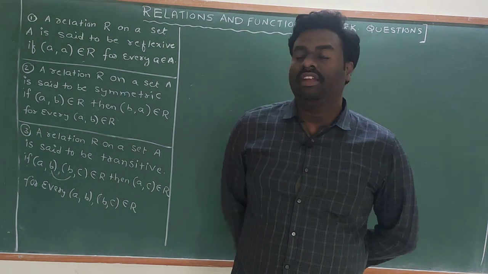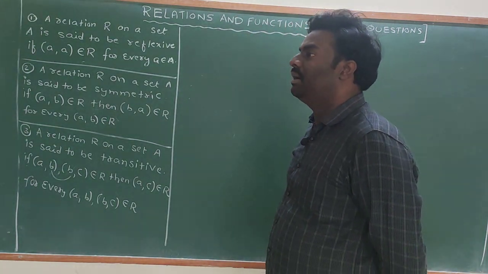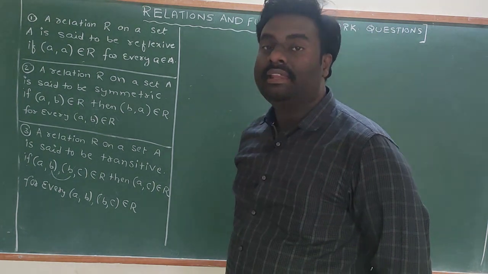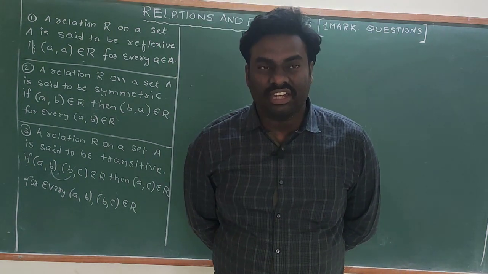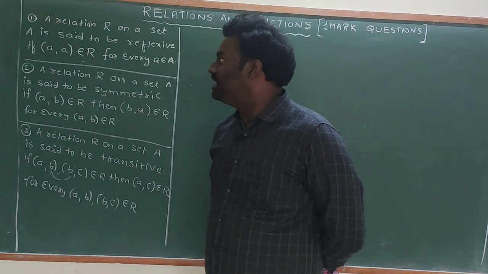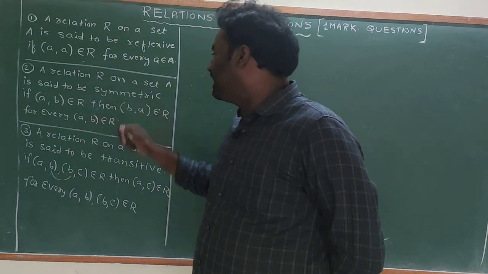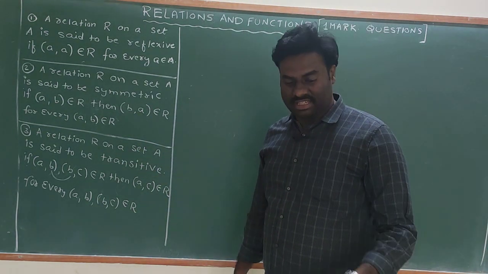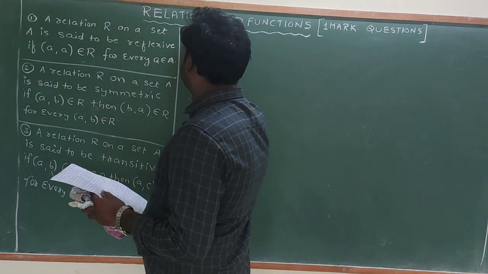This is the definition for transitive relation. So the first question is reflexive relation, the second is symmetric relation, and the third is transitive relation. Next, fourth question.